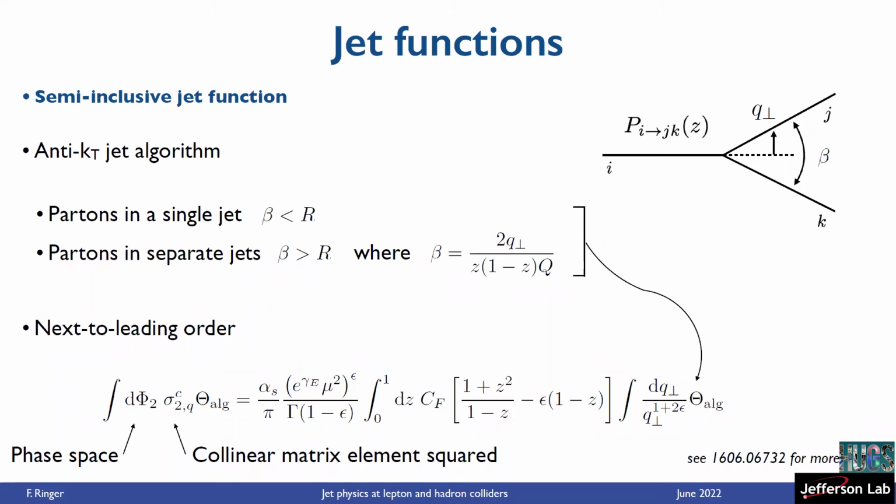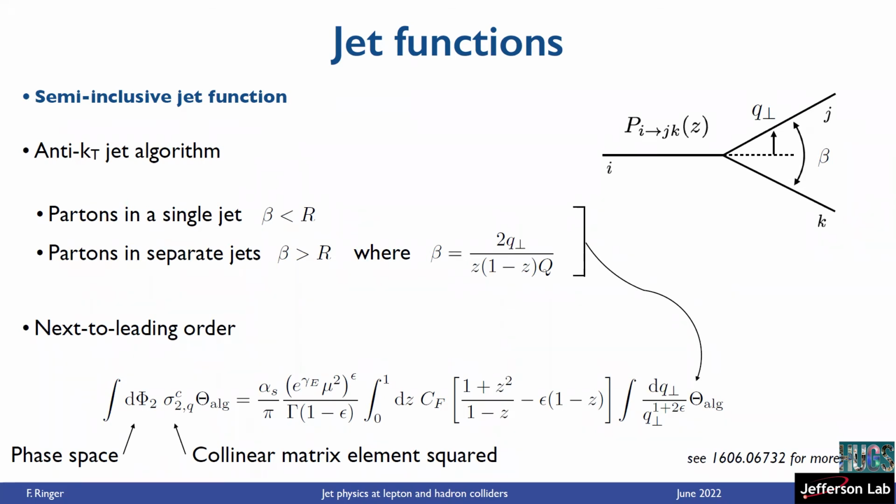So we use dimensional regularization, and it's not just 1 over Qt, but it has a plus 2 epsilon. That makes sure that divergences appearing at intermediate stages of the calculation are all regulated. That's the nice thing about dimensional regularization: anything like gauge invariance, which we might worry about when using, for example, a massive gluon to regulate things, is all taken care of. We can always use dimensional regularization.